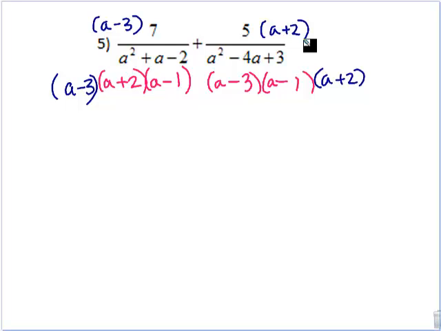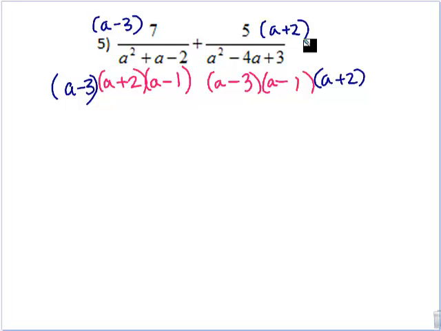Now with these denominators where we have the stretch of factors, I'm going to suggest that you first combine the numerator and see if perhaps the numerator will have one of those factors in it that you can cancel before you distribute everything out. Okay?